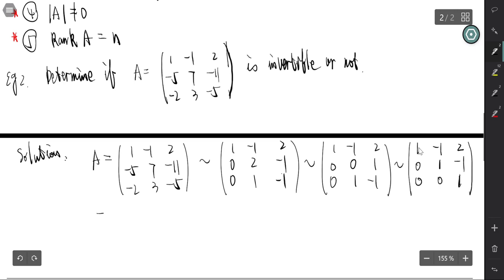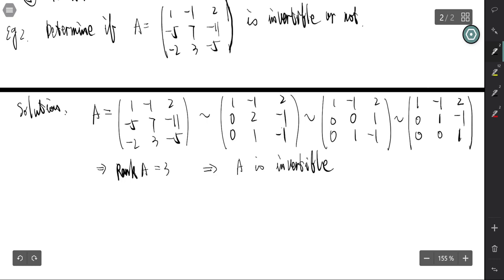So the rank of A equals 3. So the A is invertible. We use the rank to determine whether the matrix is invertible or not.